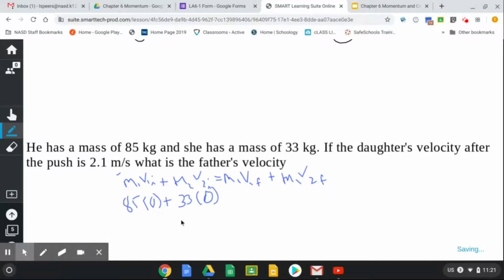Both of those are 0. Gives me a total initial momentum of the system of 0.